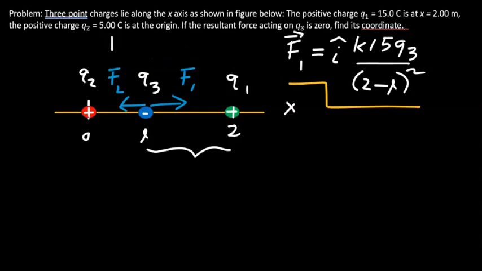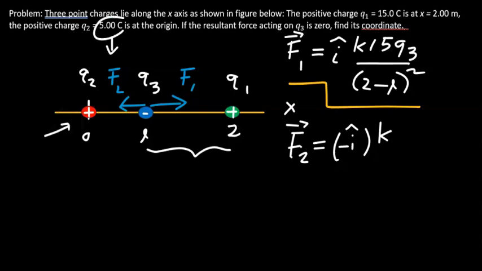Now let's write down the expression for F2. F2 is heading leftward, so that means it is represented by unit vector minus i hat. The expression is again K, the constant. The strength of Q2 is given to be 5 Coulomb.